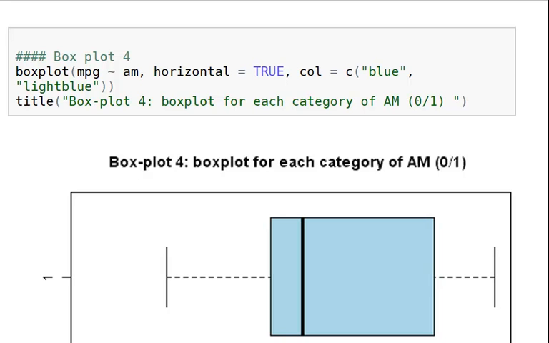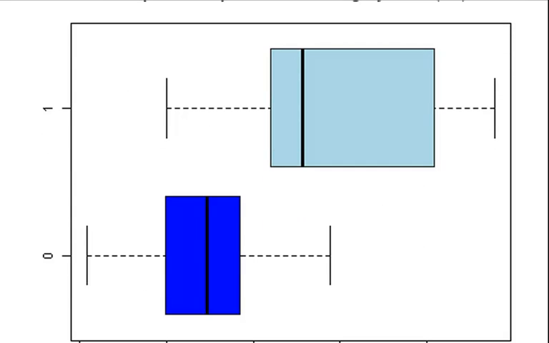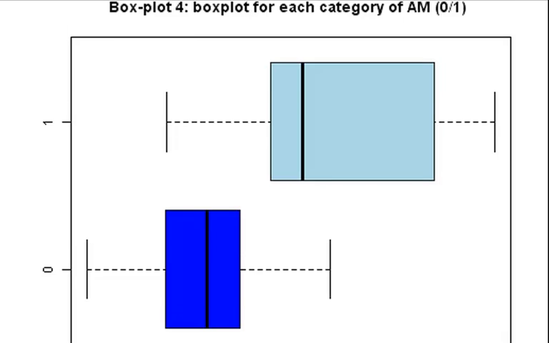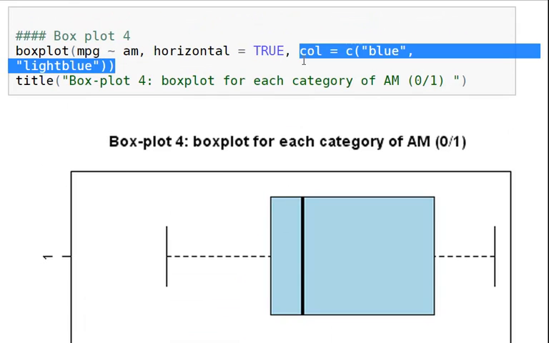What we have done is split up the data into two box plots, one for the zeros and one for the ones. And we can use this to compare and contrast the miles per gallon for the two groups. So we have light blue up on top, that's for the ones, and dark blue underneath, that's for the zeros.